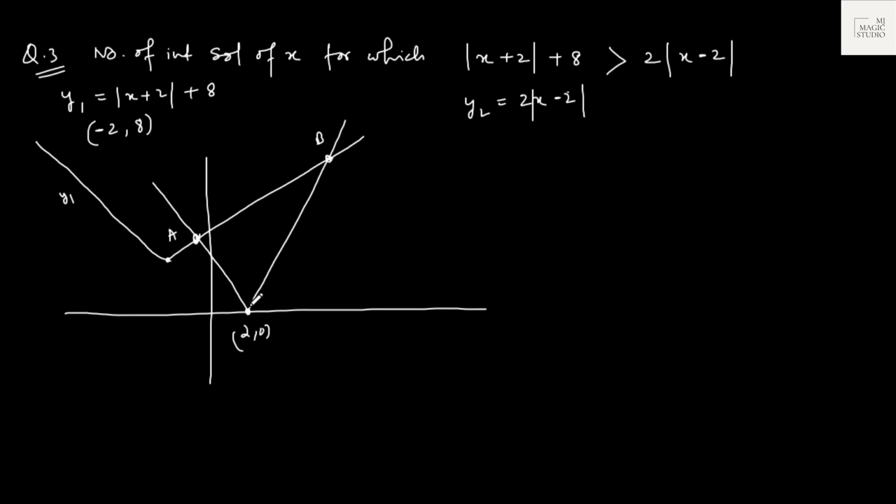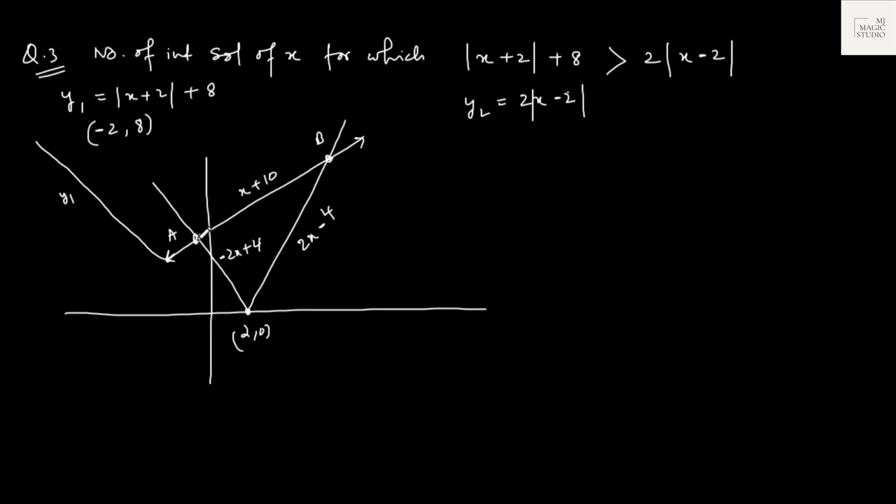Now first, this right hand side of y2 is positive, that would be 2x minus 4, and this side would be negative, minus 2x plus 4, and this particular arm or ray is a positive of y1, that would be x plus 10.